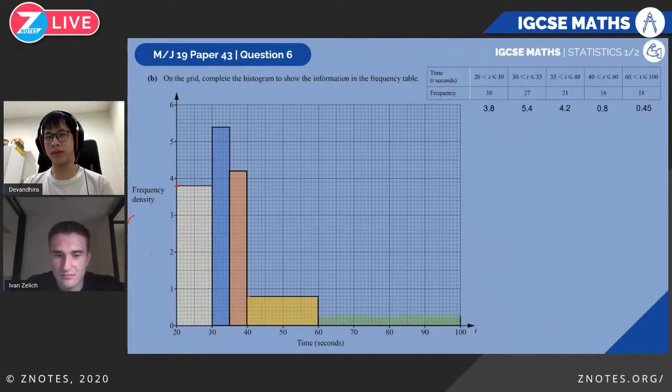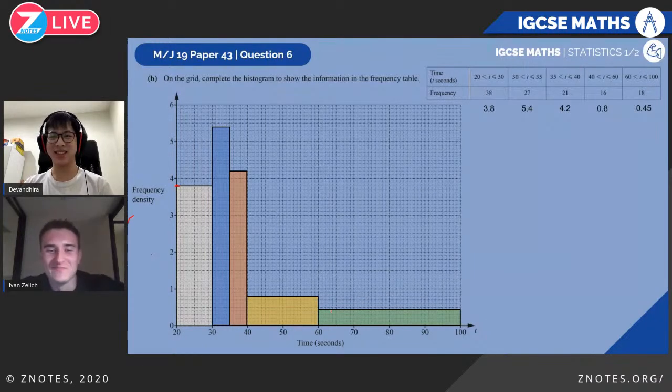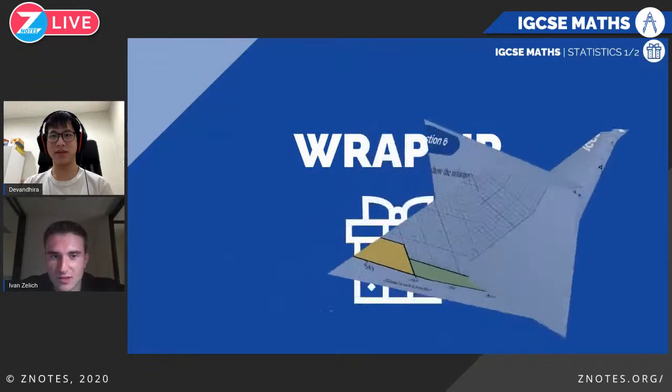And finally, we have 0.45, so between the 4th row and the 5th row, between 0.4 and 0.5. And that's from 60 to 100. Right, so that's it.